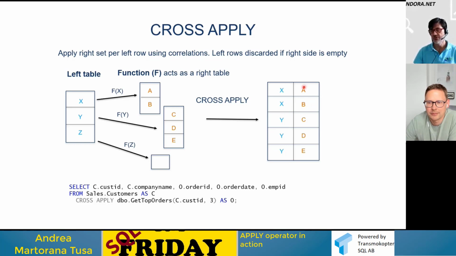The final output is 5 rows: 2 rows from the first customer, 3 rows with the last 3 orders from Epsilon, the second customer, and then no rows for the third customer because this is a cross apply. There is no matching, so no results.